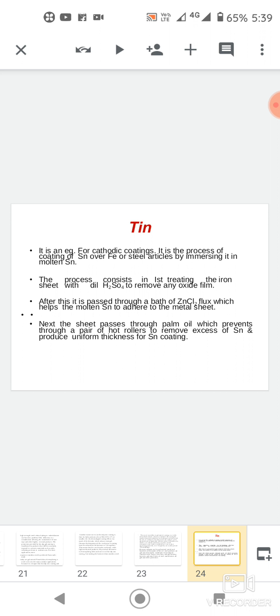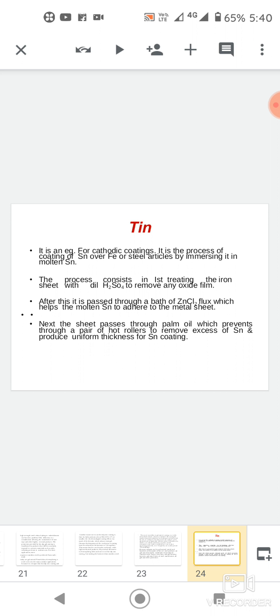For tin coating, the sheet steel is first cleaned and passed into a bath of molten tin maintained at a temperature of 315 degrees centigrade. A thin layer of coating about 0.0025 mm is produced on the sheet steel.